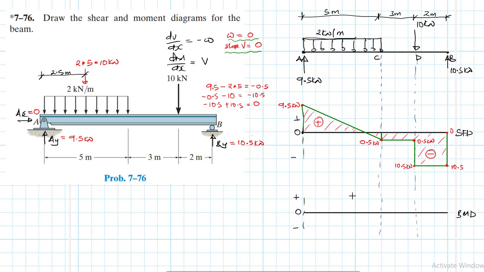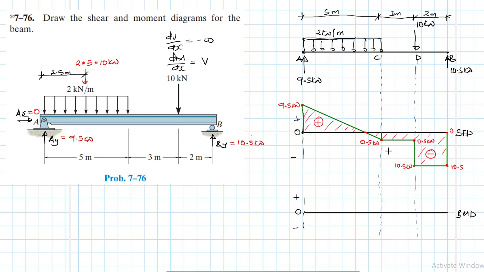Okay, so now we are not done. There is one point that we need to find. We need to find this point, this one here, where shear is equal to 0.